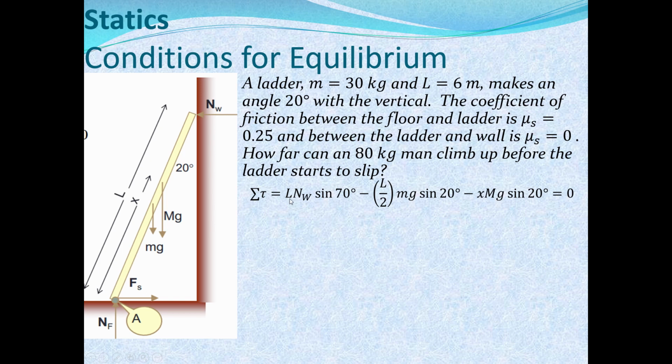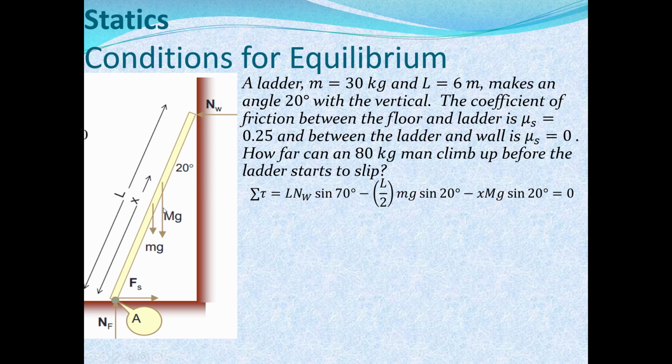Now you'll notice that I'm leaving these in their variable terms for now. You'll see why I end up canceling a lot of things out, and it actually does look a little bit nicer. And we end up getting sine 70 for this, and these two act at sine 20. You can tell by the angle because this angle is taken from a vertical side.